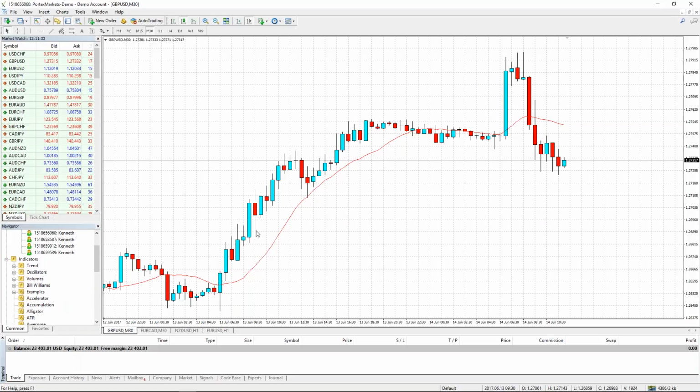But what we can see is there may have been a lot more buying and selling within that period, but actually when it came to the closing time of that 30-minute period, it reversed back closer to where it started.